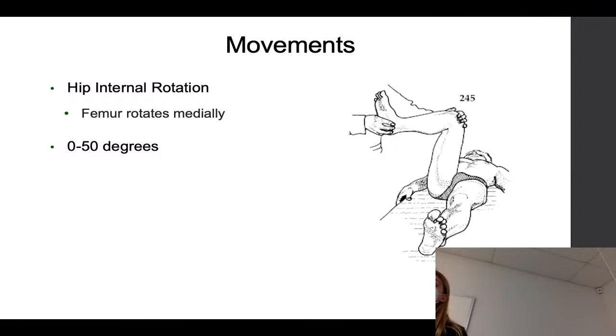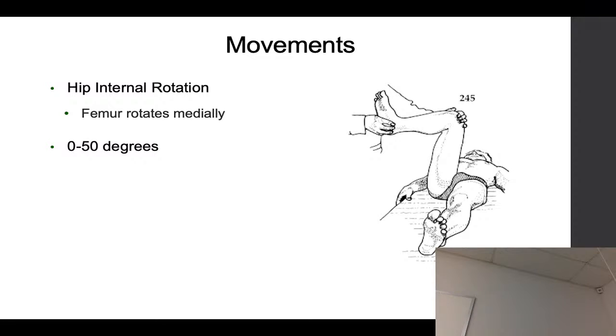Sometimes hip internal rotation can be a little confusing because depending on whether your knee is bent or straight changes where your foot goes. What you need to know is that it's the femur rotating medially. So it's coming in. If I have my legs straight and I want to do hip internal rotation, my toe would be pointing in, because you can see my femur will rotate medially.